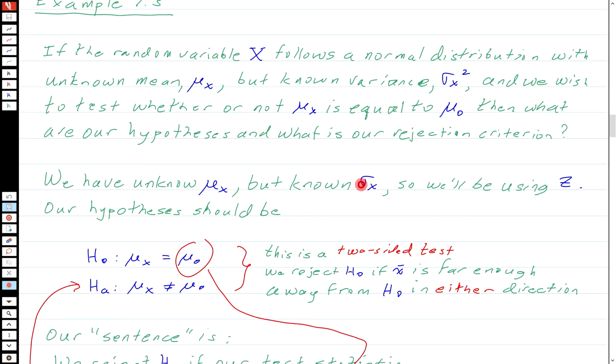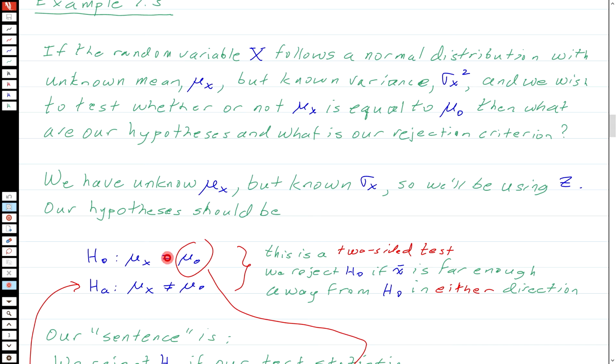Okay, so we have unknown mu of x, but we know sigma x, so we're going to be using z as I mentioned. Our hypotheses look like this. Our null is that mu x is equal to mu naught, and our alternative is that mu x is not equal to mu naught.